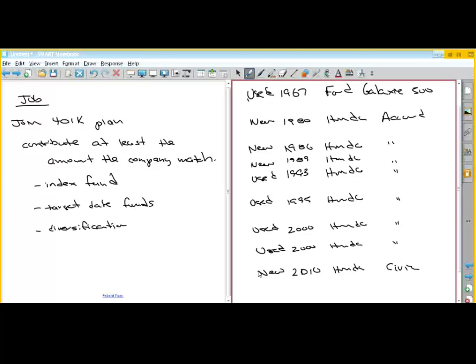Then my wife wrecked this car, so she bought the 2000 Accord, and we bought the 1993 Accord for our younger daughter. So we ended up letting our kids have the older cars, and then we got the newer cars. But we never bought a new car between 1989 and 2010. That was a long time, but we saved a lot of money in the process.